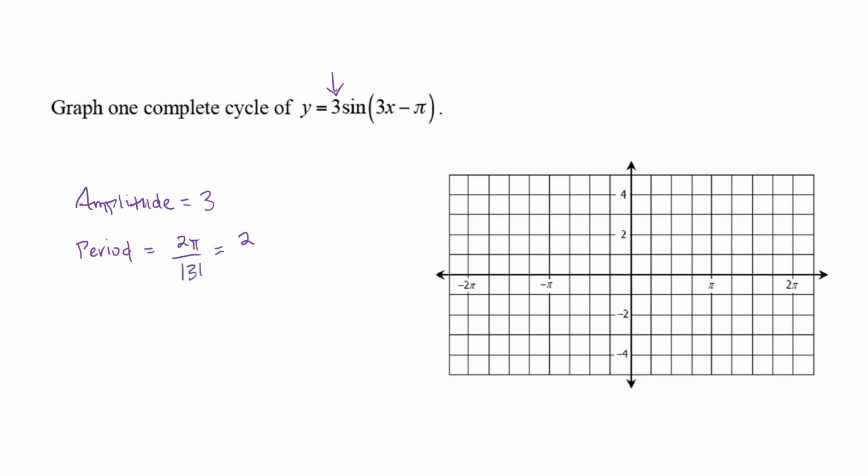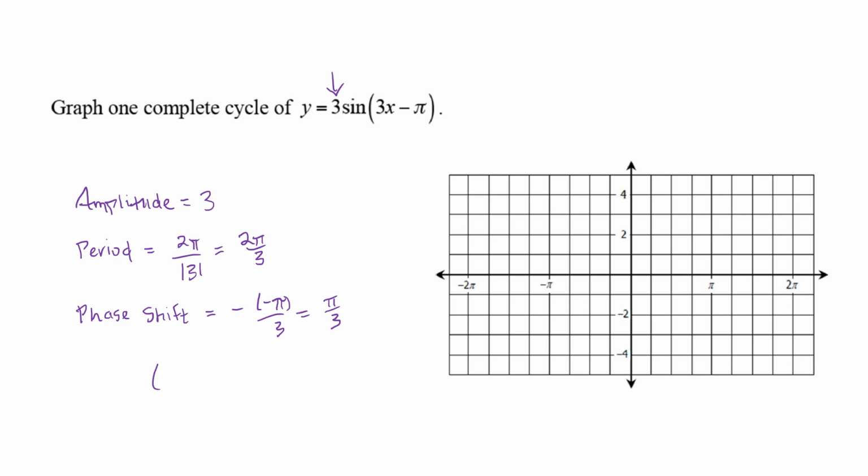So that'll be 2 pi over 3. And our phase shift will be negative times a negative pi over 3, which is pi over 3.